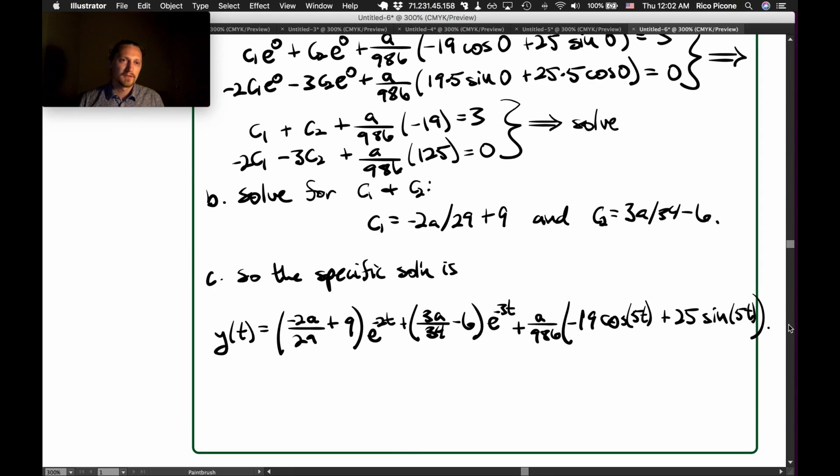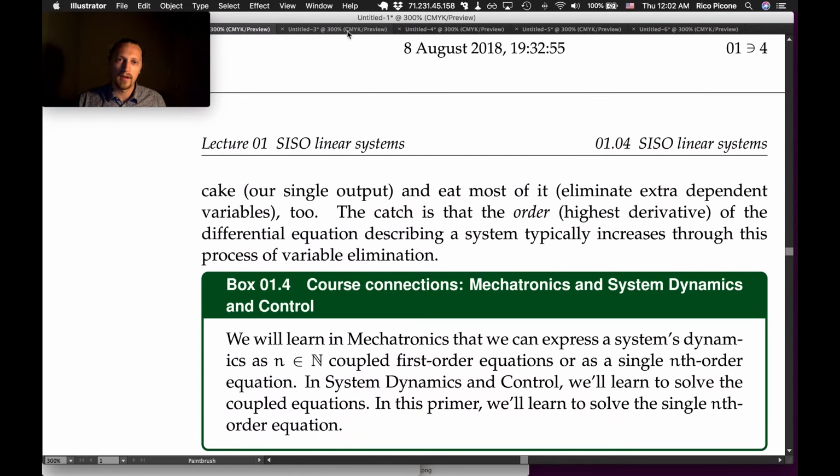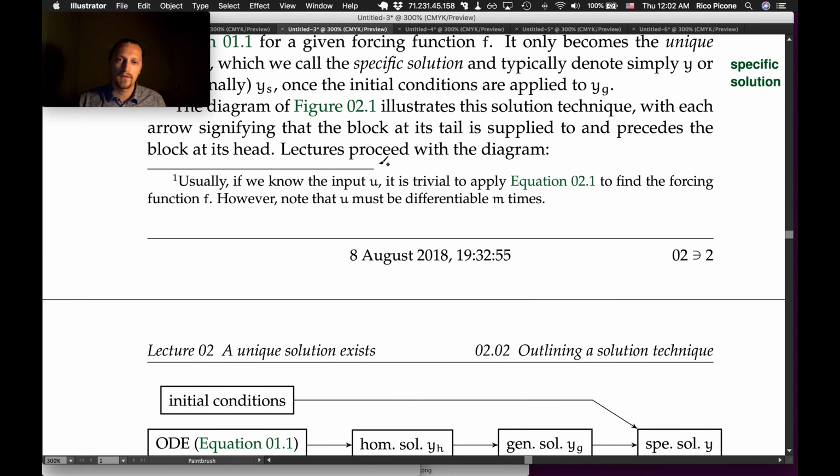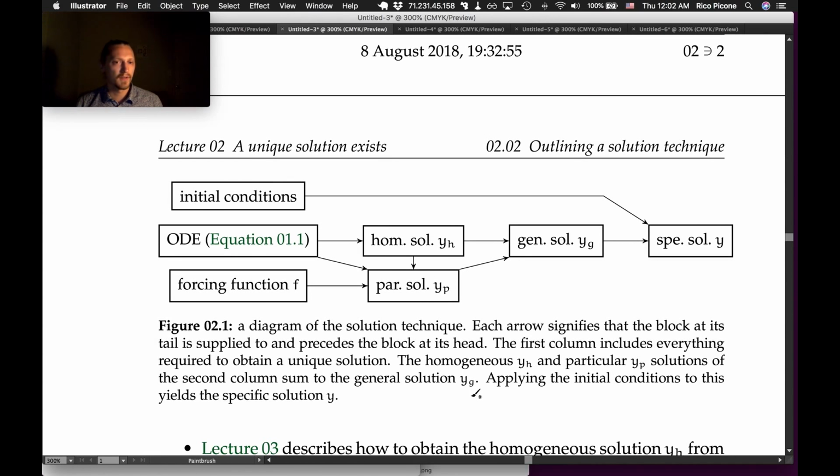So 4 steps. I like this diagram. I mean, granted it was my diagram, but I guess it was from lecture 2. So let's revisit it for a moment. The ODE, the forcing function and initial conditions.